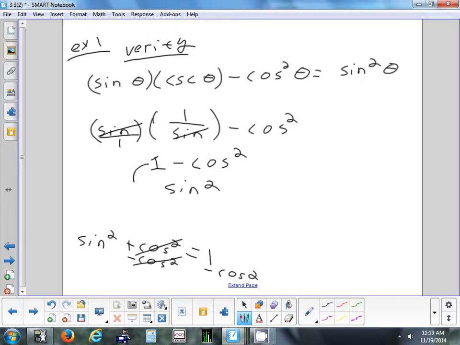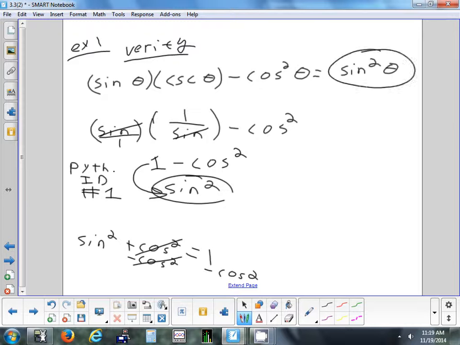So to get from this step to that step, we used the Pythagorean identity. Which one did we use? I think it was the first one. Any question on how we changed 1 minus cosine squared to sine squared? And that's it. So we get sine squared on the left, and that's what they wanted us to end up with.